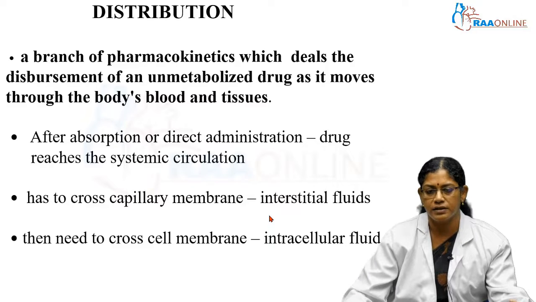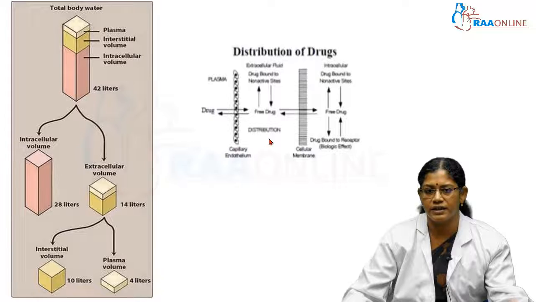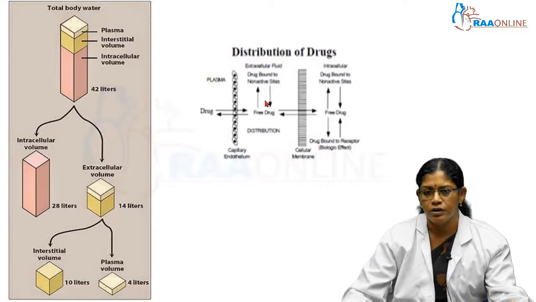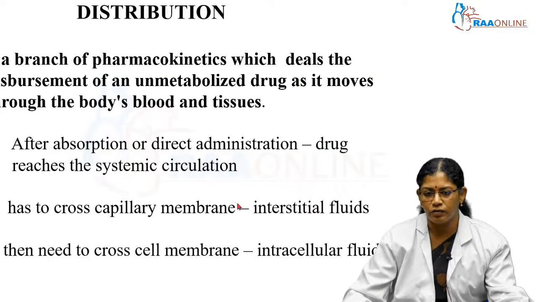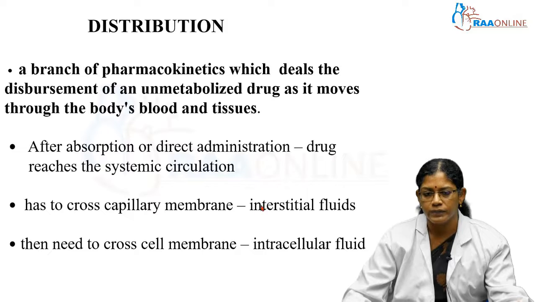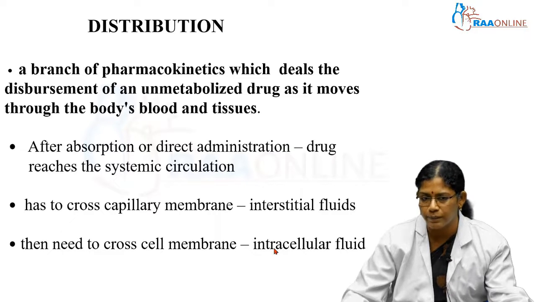First step is it has to cross this capillary membrane to reach the interstitial fluids. Interstitial fluids are those which are outside the cell. That means outside the cell, the fluid present is called interstitial fluid. After passing this interstitial fluid, it has to cross the cell membrane to reach inside the cell. Inside the cell, the intracellular fluid will be present.